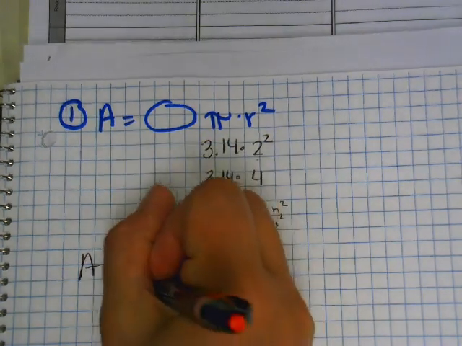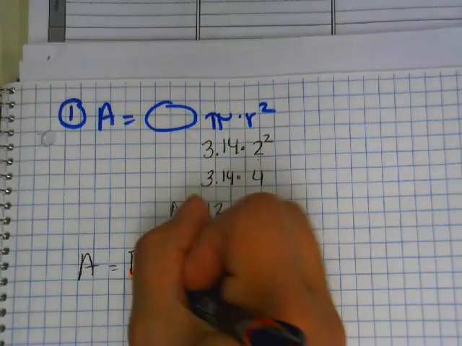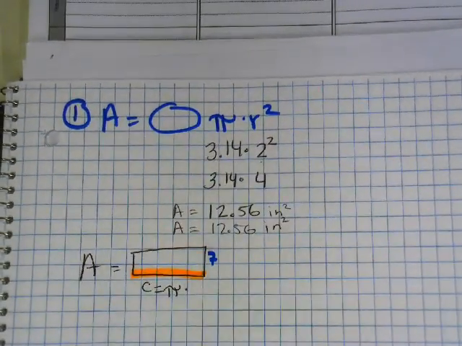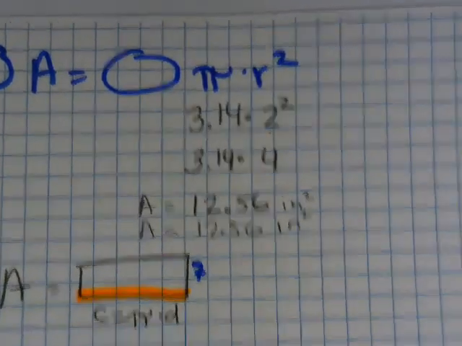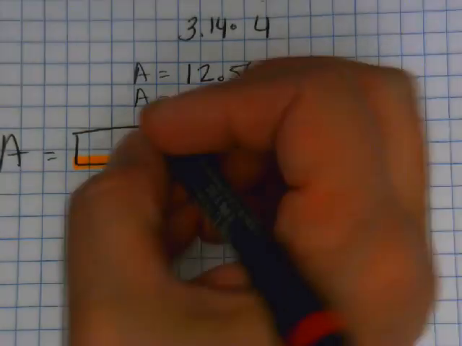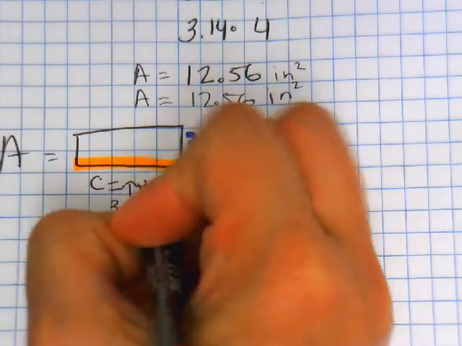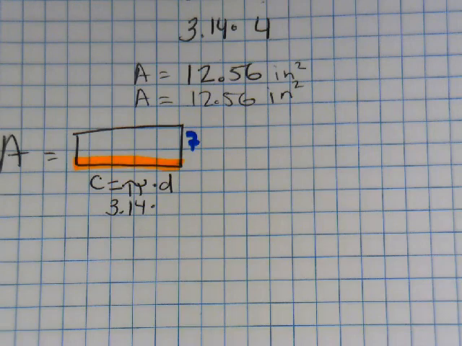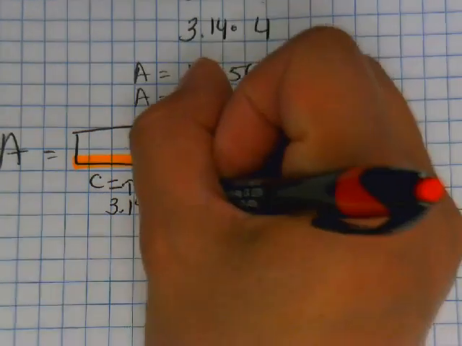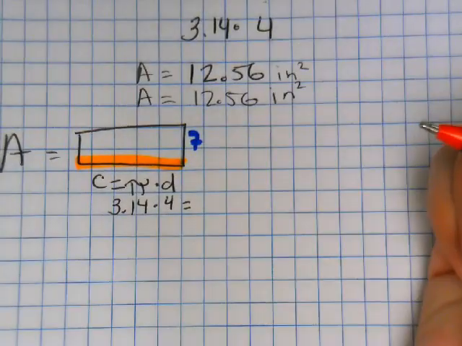Circumference is equal to pi times what? Very good. Pi times diameter. What is pi? What's the diameter? 4. Hey, don't we already know the answer to that? What's our answer to 3.14 times 4?